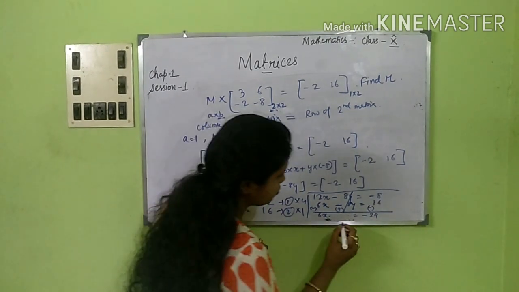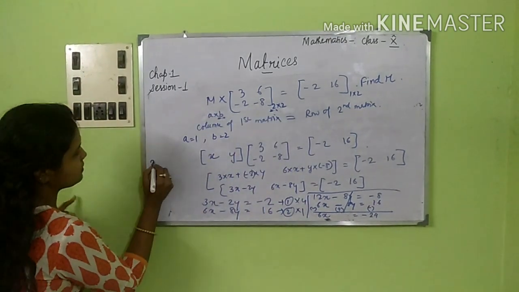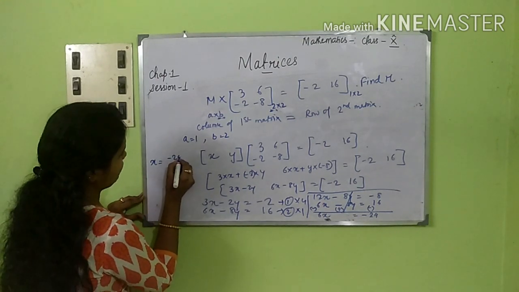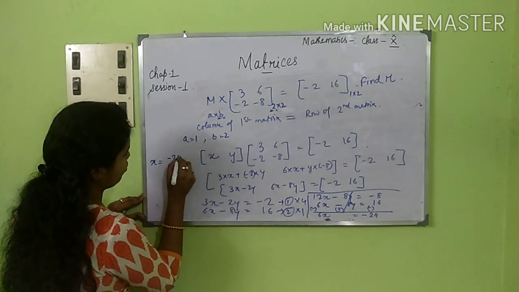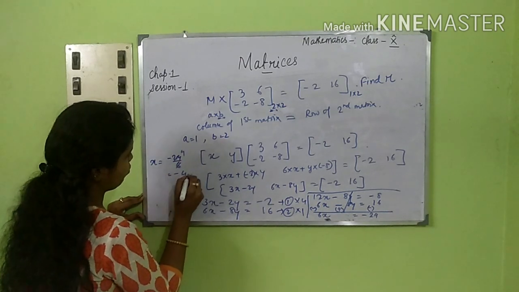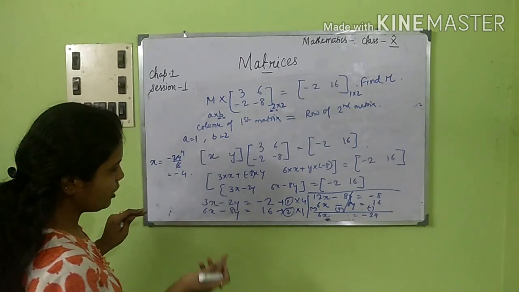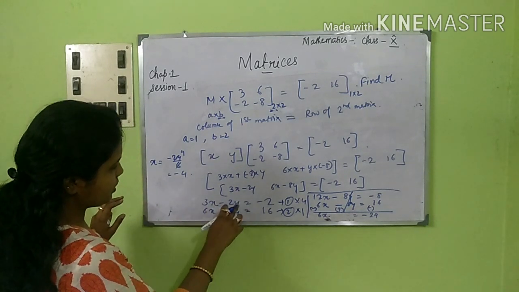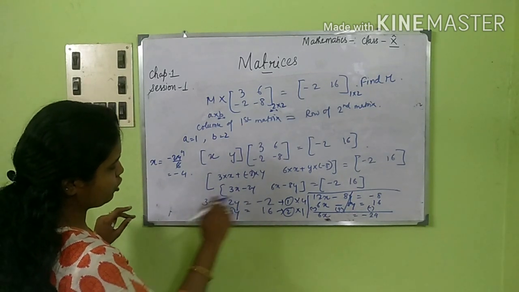Okay, so as you know, x is equal to minus 24 by 6, that is equal to minus 4. And what is the value of y? You can put it in any of the equations. 3x minus 2y is equal to minus 2.